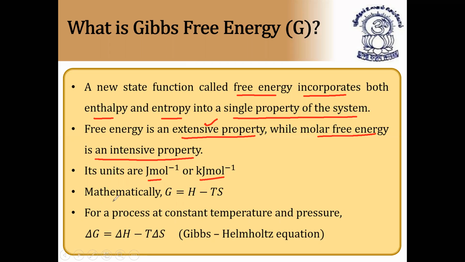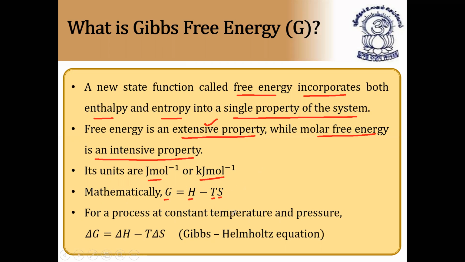Mathematically, free energy G is equal to H minus TS, where T is the temperature and S is the entropy.